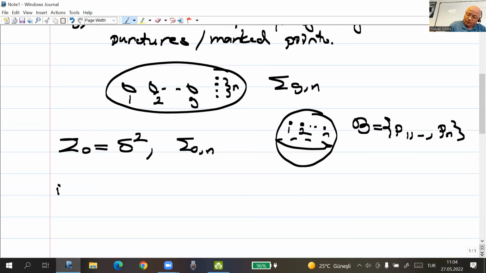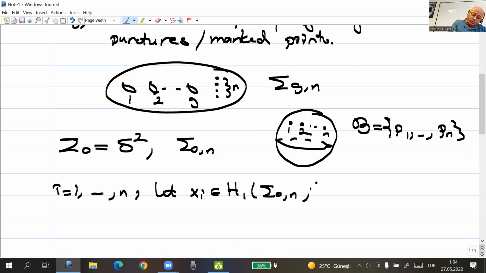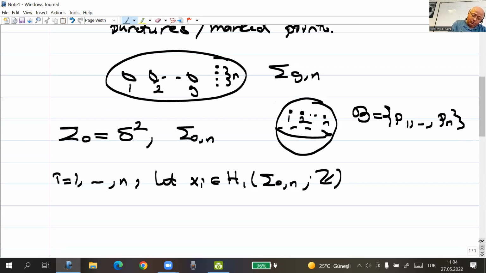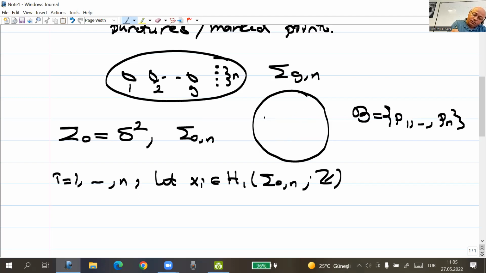And for each i from 1 up to n, let xi be the homology class of the curve which goes around. Suppose here I have, let me draw this a bit bigger, the two-sphere, and we have the marked points and the ith one.